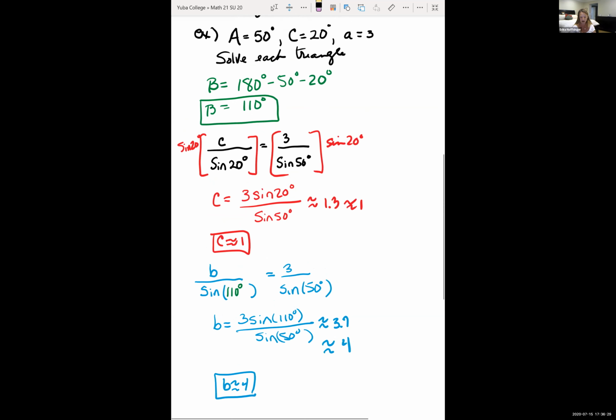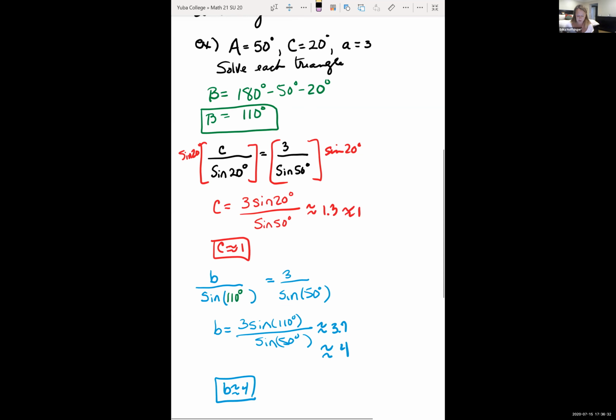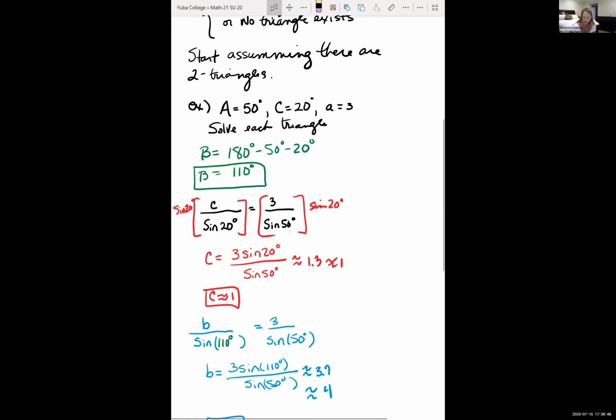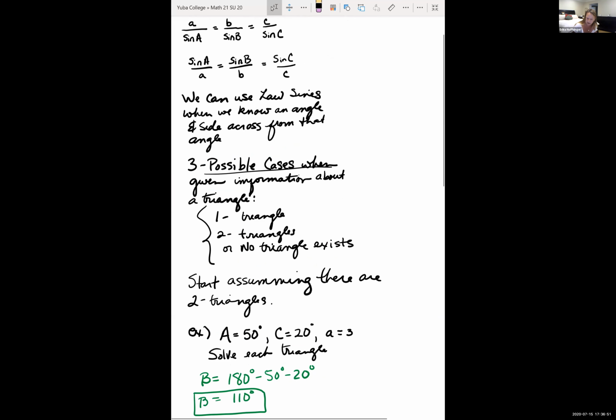Okay, going through this example, it reminded me, we don't always have to assume that there's 2 triangles. The only time that we have to assume there's 2 triangles is if we're only given one angle and the side across from it.